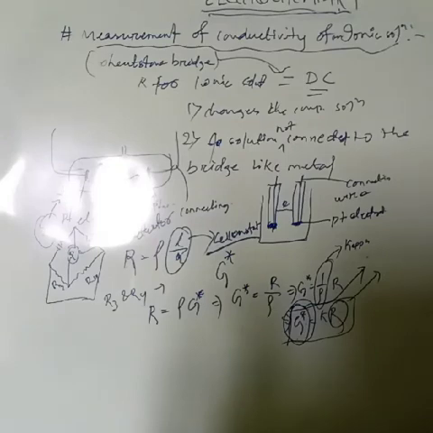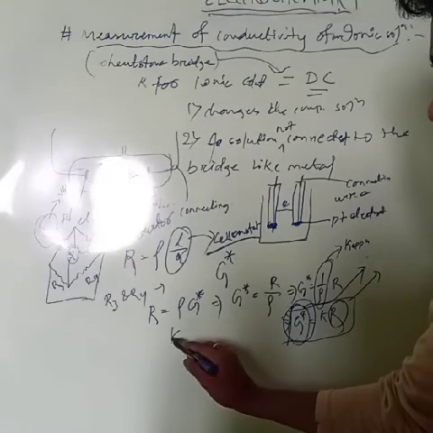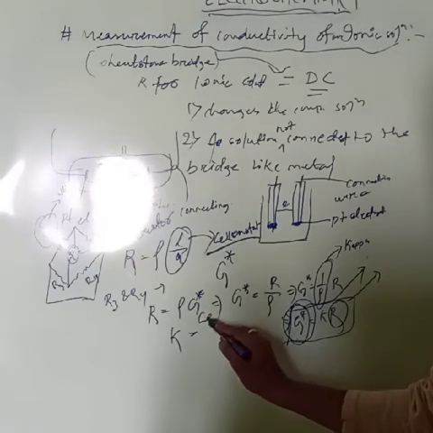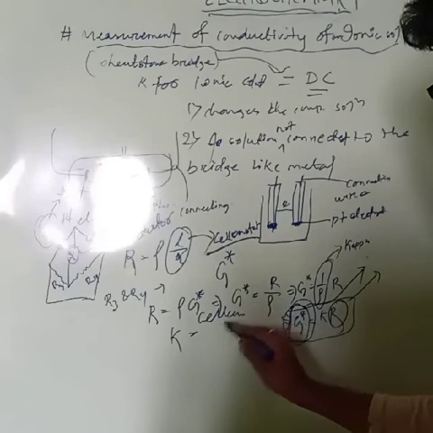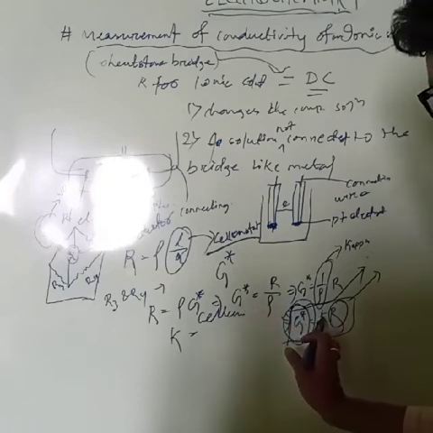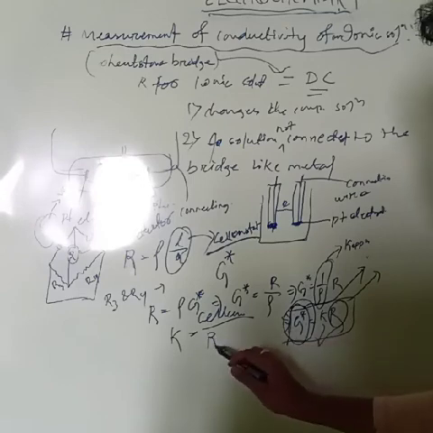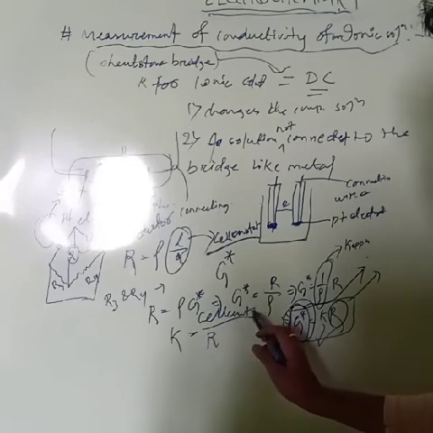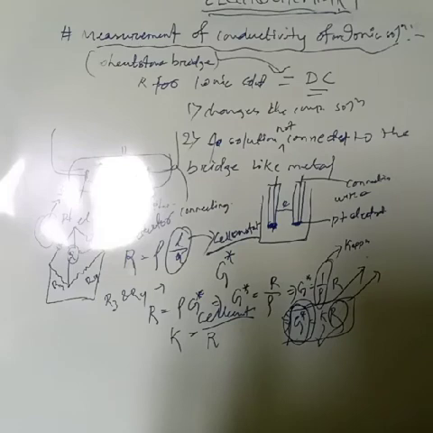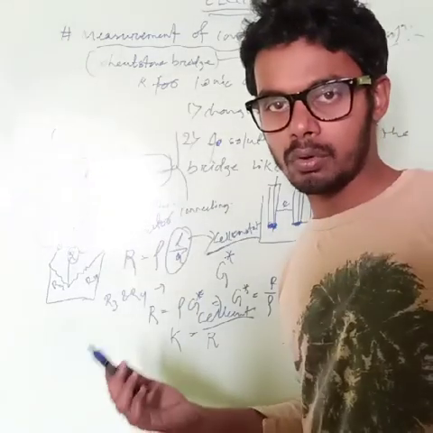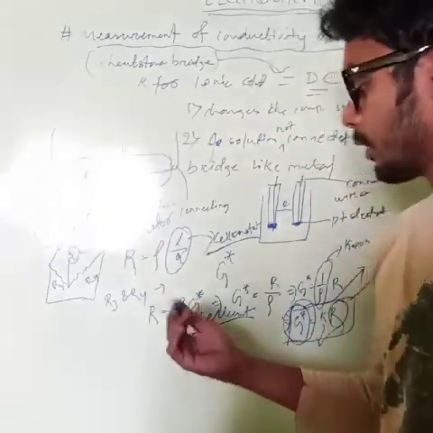Okay, so how will you take that? By taking this formula, kappa equals cell constant by R, that is the resistance. If any one of the values is given in your question, then you can easily calculate the other one.